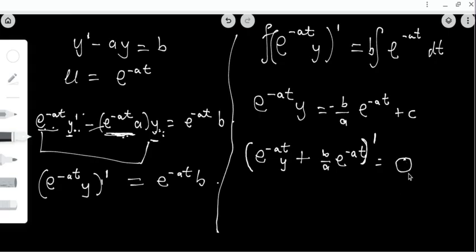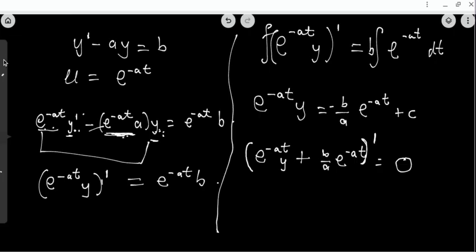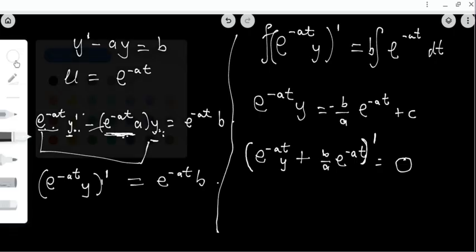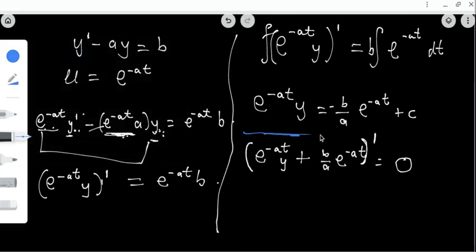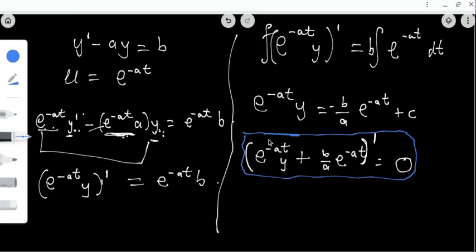Now this whole expression is called the total derivative.